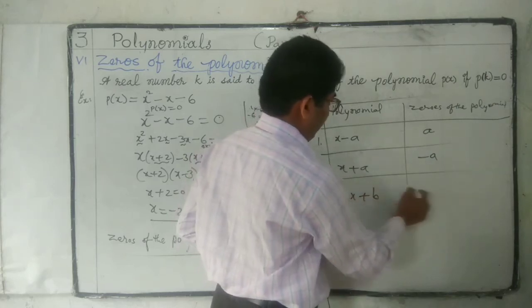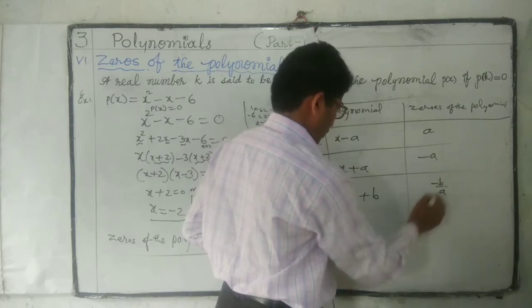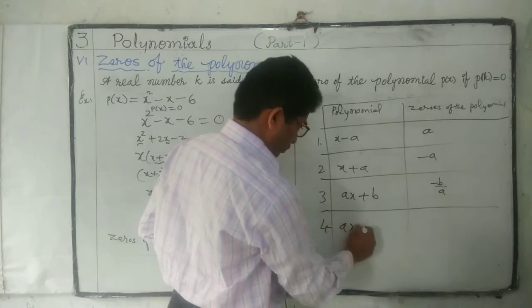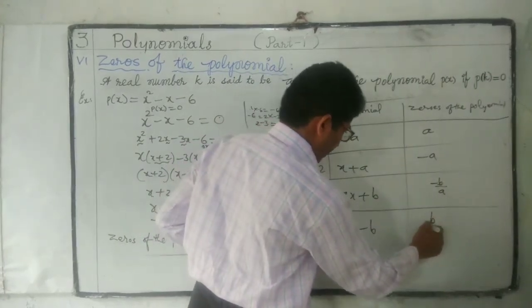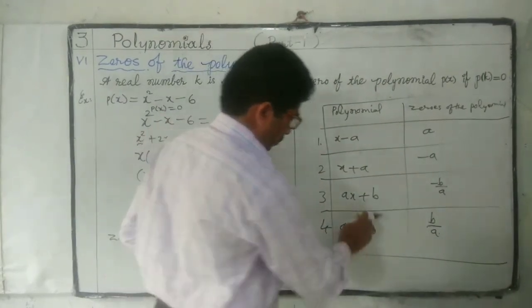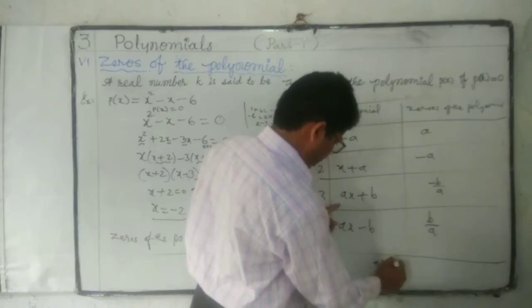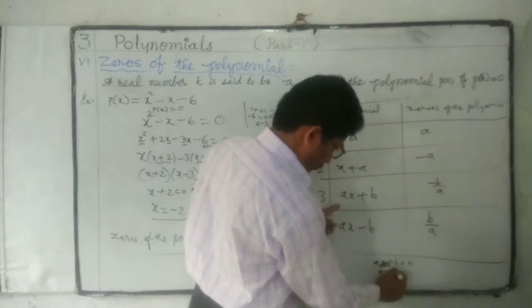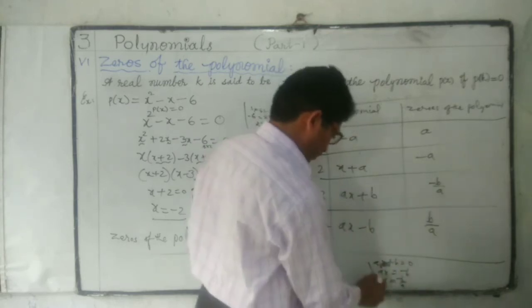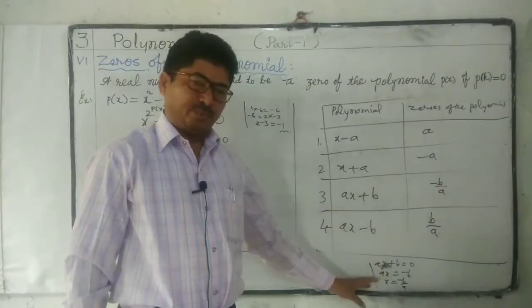For ax plus b, the zero is minus b by a. For ax minus b, the zero is b by a. So how to get this: ax plus b is equal to 0, ax is equal to minus b, x is equal to minus b by a. We got it. So like this we can say without doing this process also.